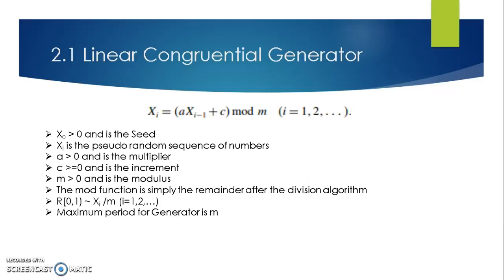The mod function is simply the remainder after the division algorithm. Then our random set of numbers between 0 and 1 is going to be x divided by the mod, going up until you have the amount of numbers that you want. And the maximum period for the generator is going to be m.